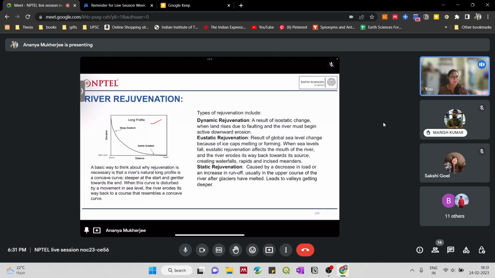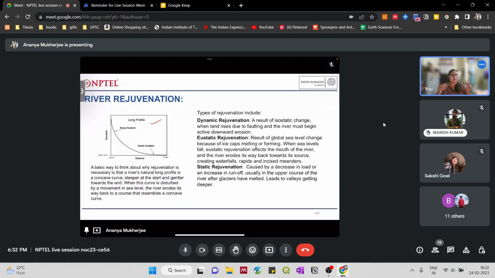Now we come to channel patterns. We briefly discussed this even in the previous live session. Channel patterns result because of the erosional and the depositional work that is happening together when the rivers are flowing through an area.